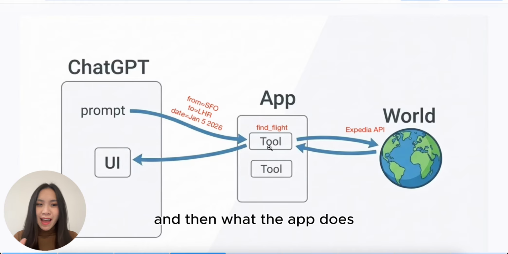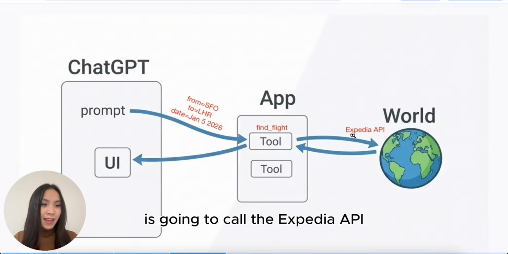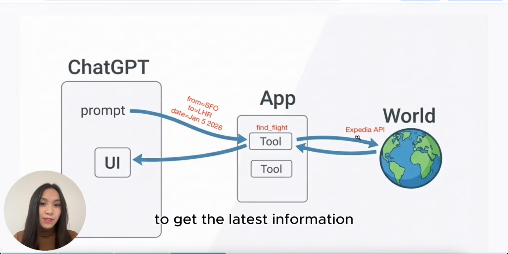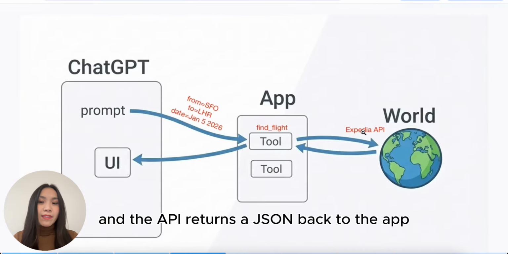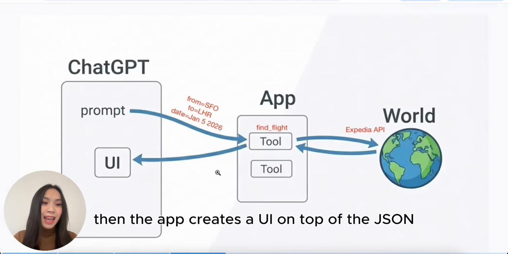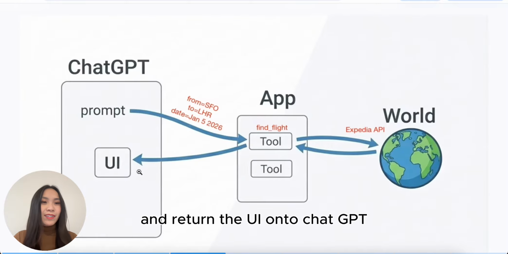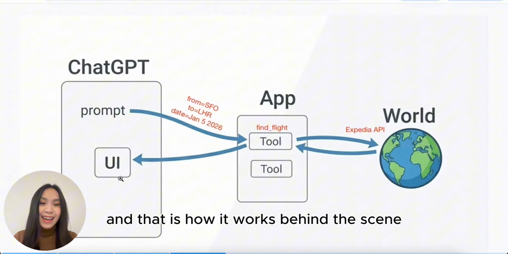Then the app calls the Expedia API to get the latest information, and the API returns a JSON back to the app. Then the app creates a UI on top of the JSON and returns it to ChatGPT. And that is how it works behind the scenes.